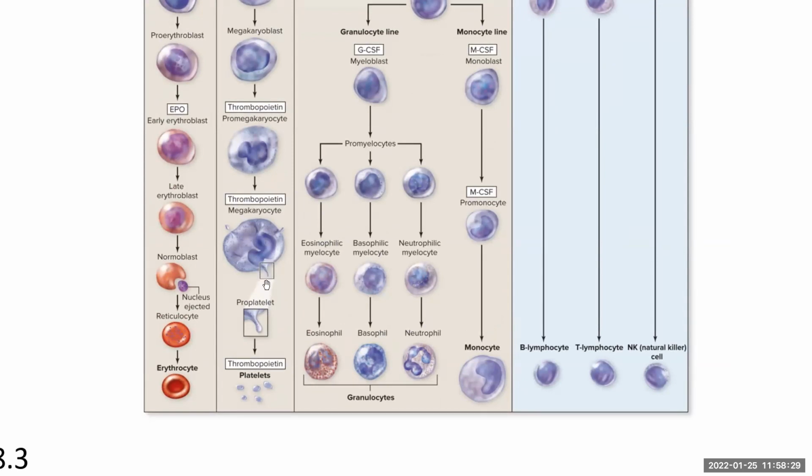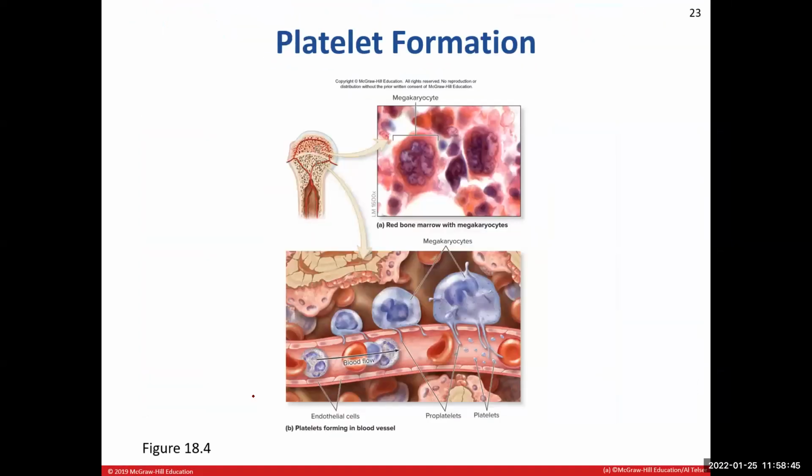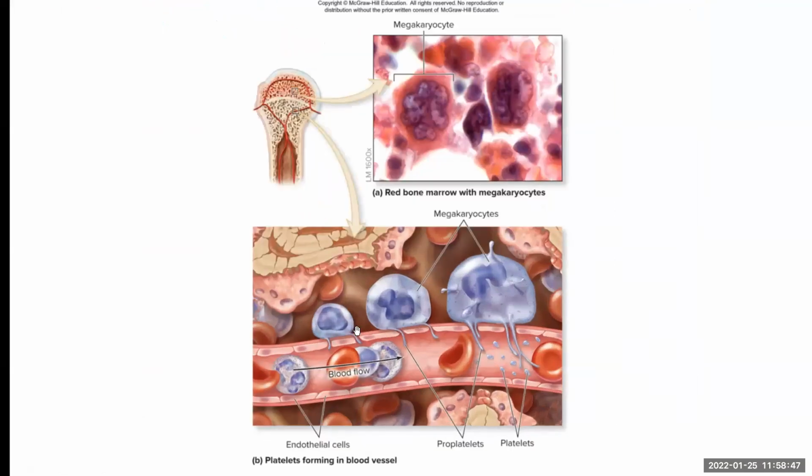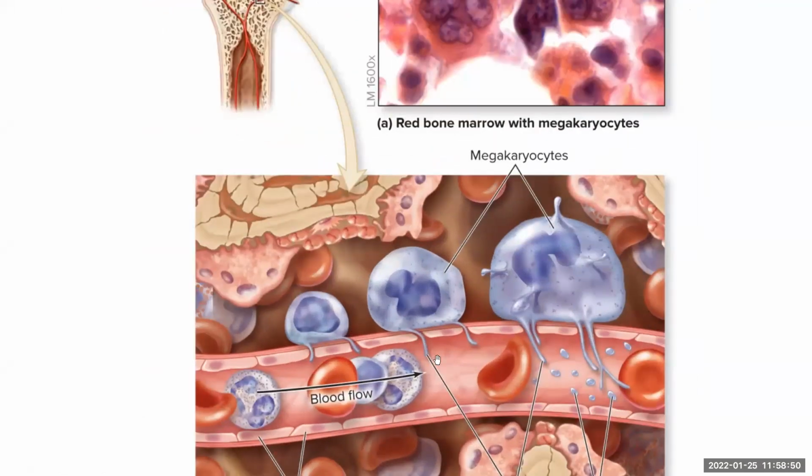These proplatelets squeeze in between some of the cells of the blood vessel wall, and the blood, as it's going by, just rips off or slices off parts of these proplatelets, and they turn into platelets. That's what this picture on this slide is showing you. You have these nice proplatelets just squeezing through, and as blood is flowing through, it slices off these pieces, and they turn into the platelets. That's basically how that one works.